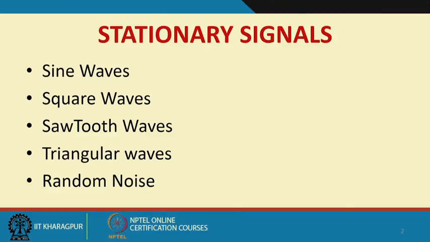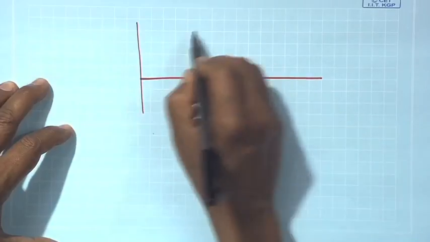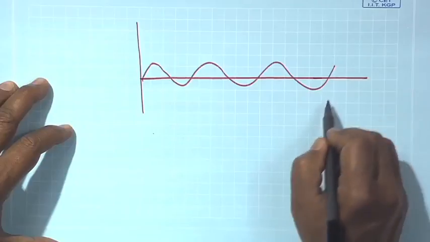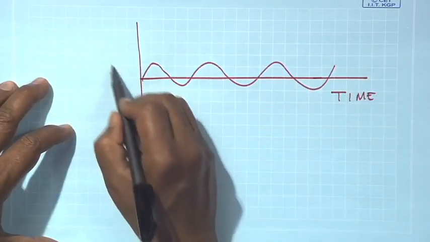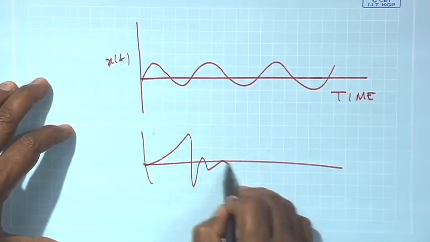So, as you would have seen, or by now we would have realized, the signals can be continuously periodic or they can happen only once and that is it.